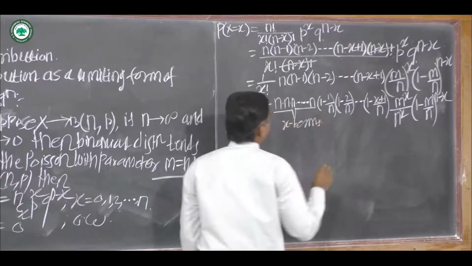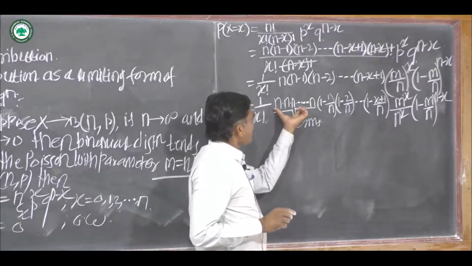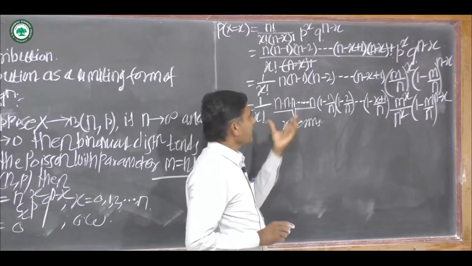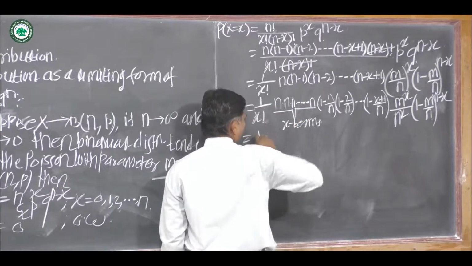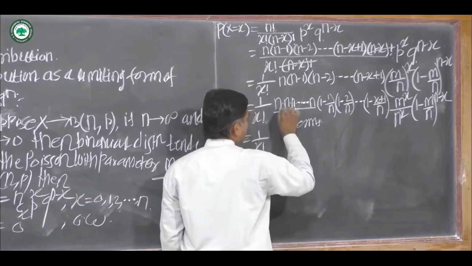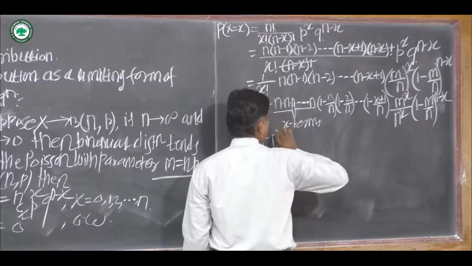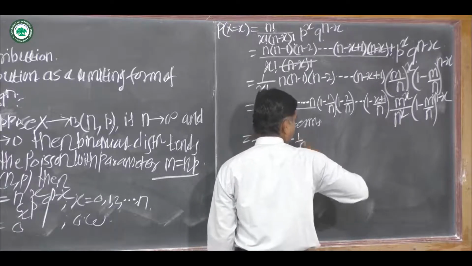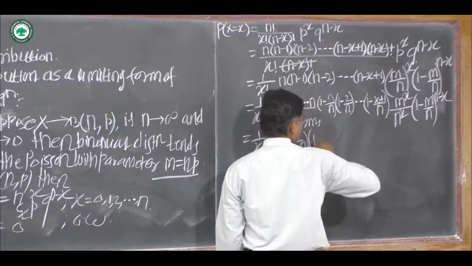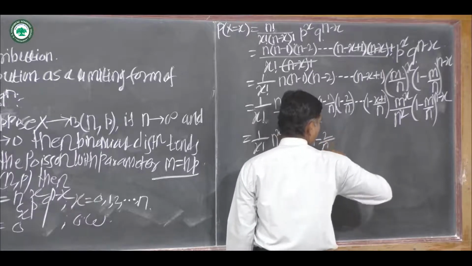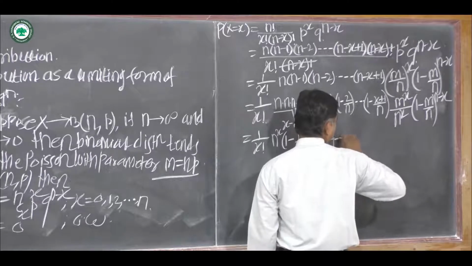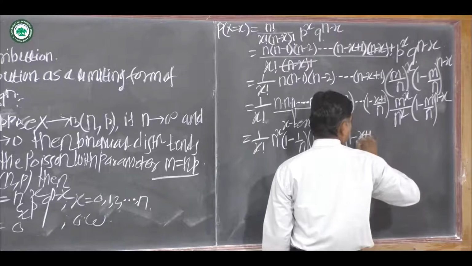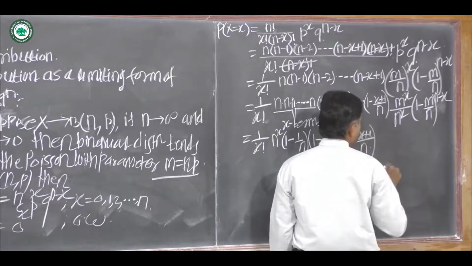The x times product of n is equal to n raised to x, which gives 1 upon x factorial into n raised to x into (1 minus 1 upon n) into (1 minus 2 upon n) ... (1 minus x plus 1 upon n), bracket complete.